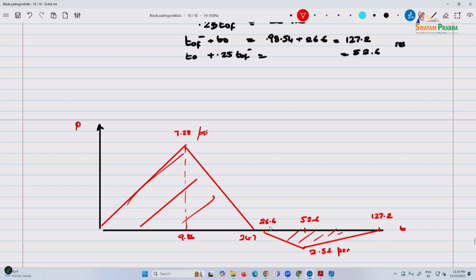Here the impulse, it's a small pressure, but you can calculate the impulse is still fairly significant.